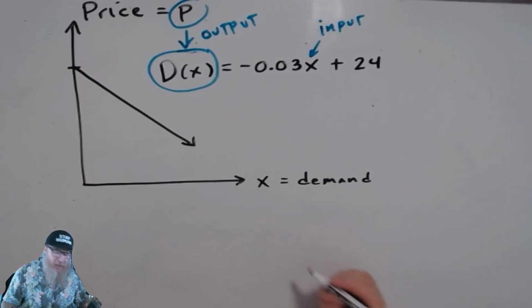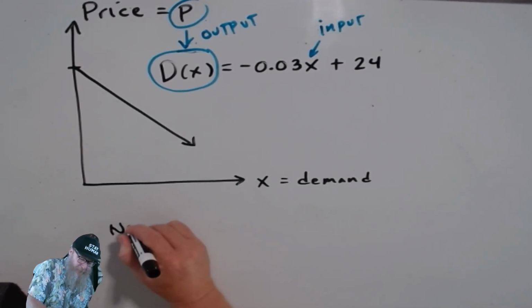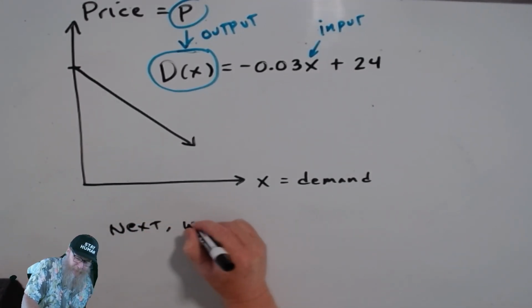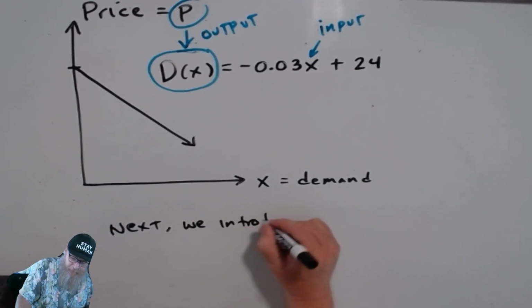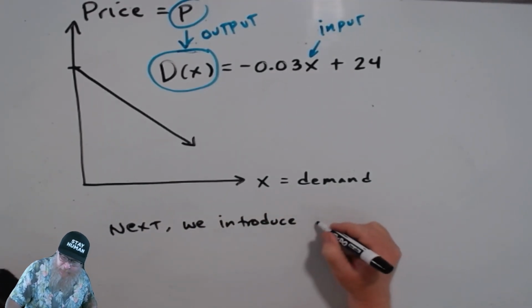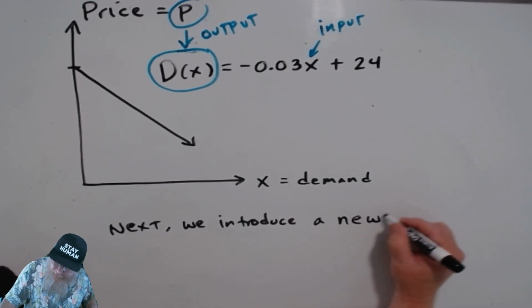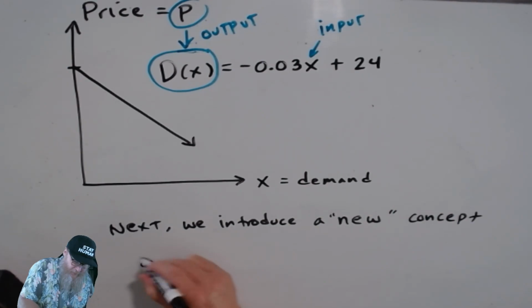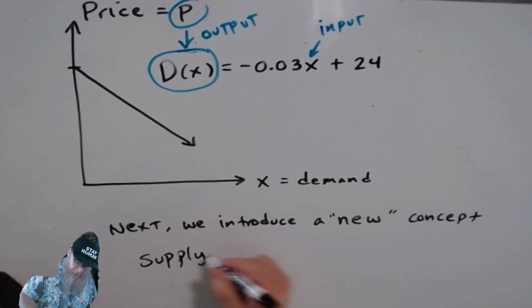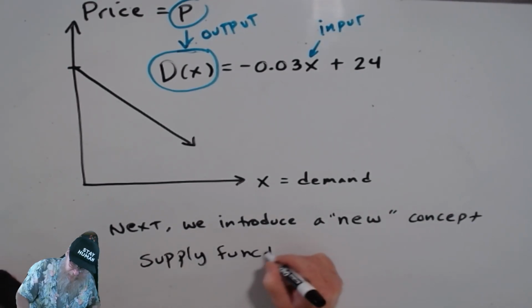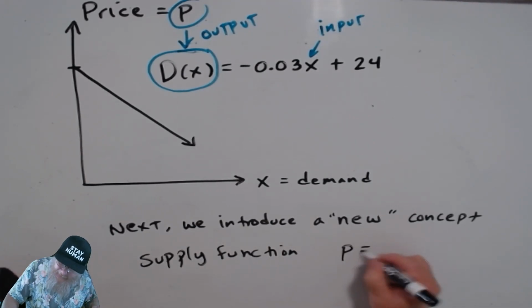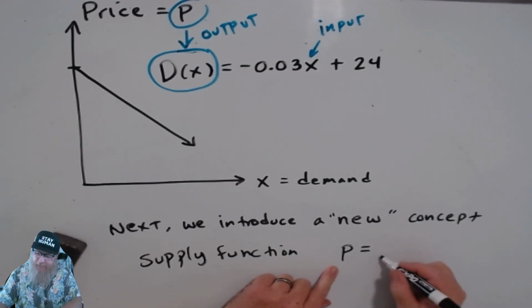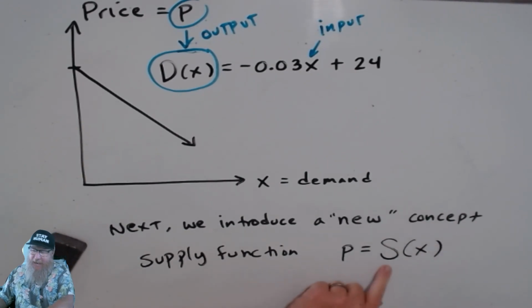And then there's something new, and this is actually new, called the supply function. Again, P is the y value, and S is the supply function.